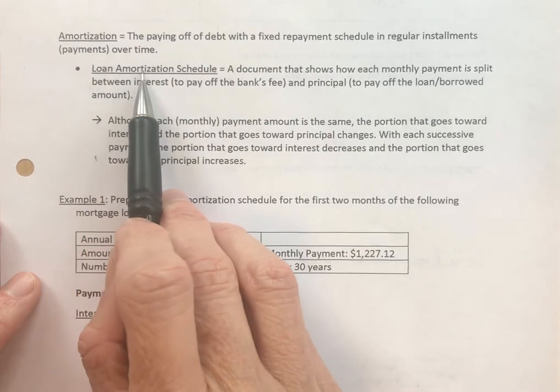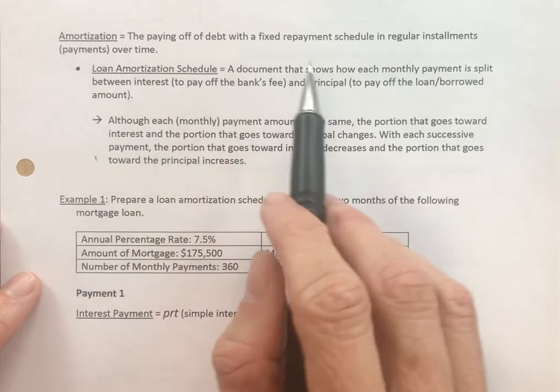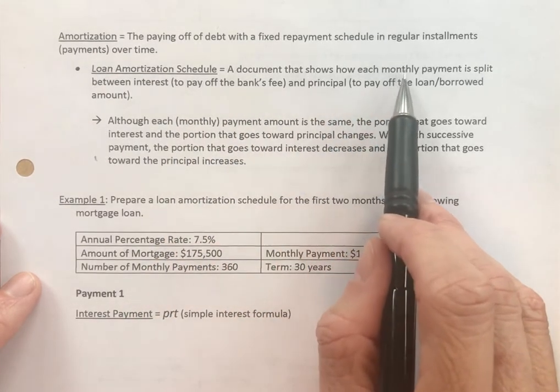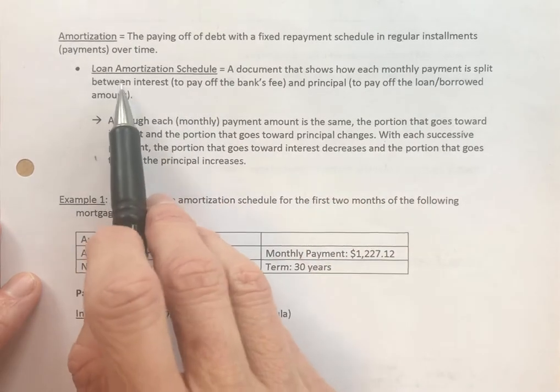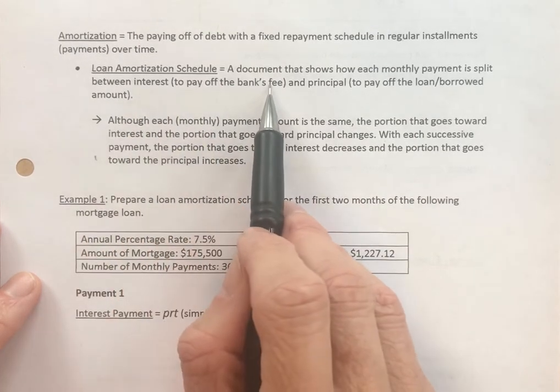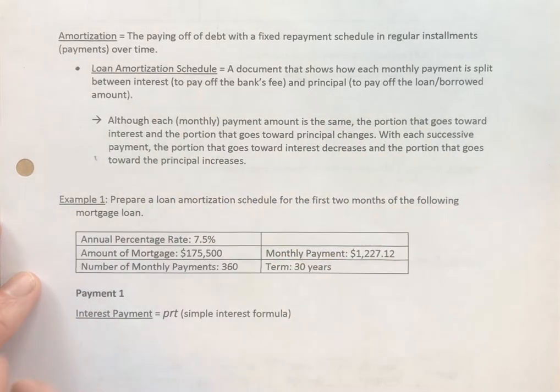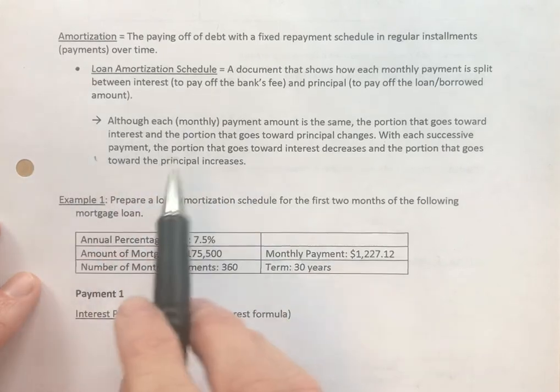A loan amortization schedule is a document that shows how each monthly payment is split between the interest that you're paying to pay off the bank's fee and the principal to pay off the loan, or the borrowed amount.